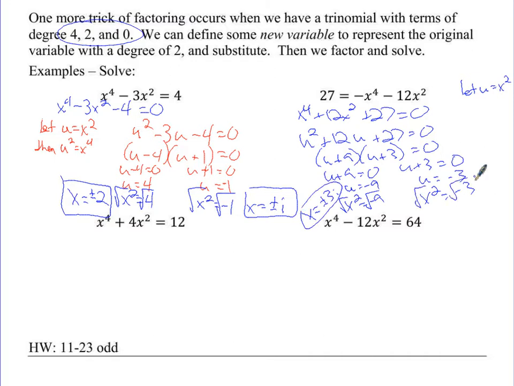Square root both sides, and I get x equals plus or minus root 3 i, or I can write it as i root 3. And that's how I'm going to do it, because I don't want to get confused with that i. So I'll write it out front. How many solutions did I get? 4. Okay?